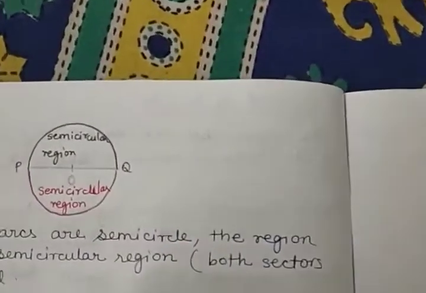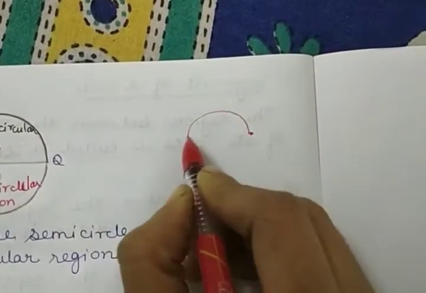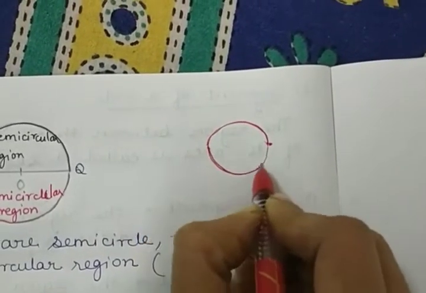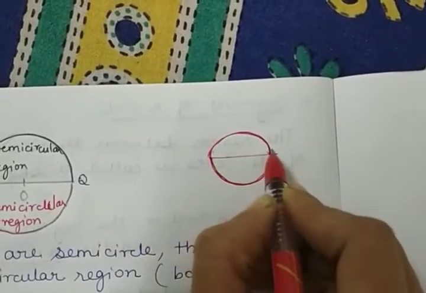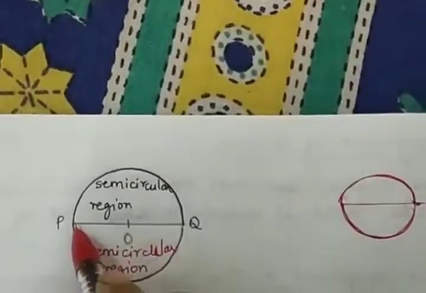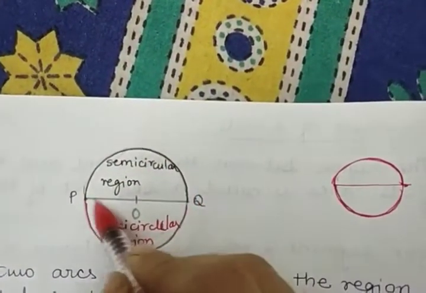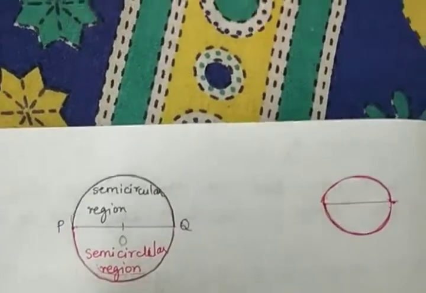When we were talking about arcs, you saw that if the endpoints of the arc are on the diameter, then you get a semicircle, correct? So you get two arcs which are of the same length, or equal arcs. Similarly, if you have a semicircle, then what you get is called a semicircular region.